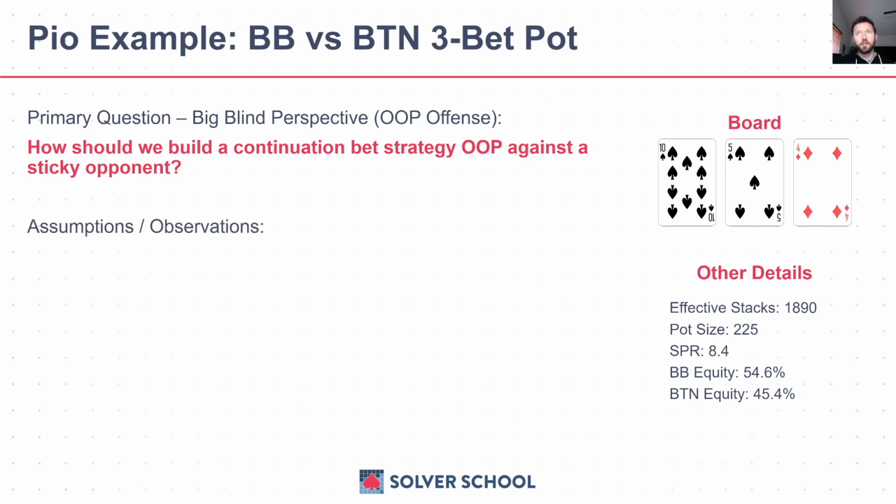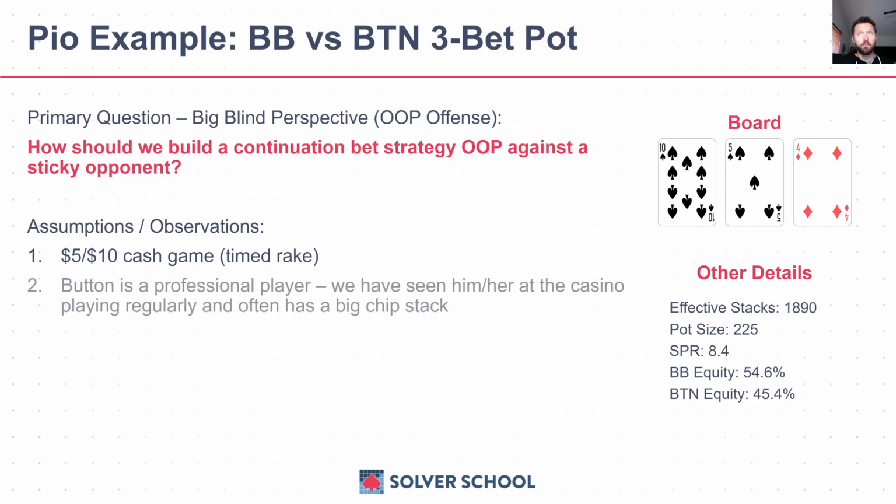Our assumptions and observations here. First, we're back to a 5-10 game where this is a timed rake scenario, so we are not taking rake out of this pot and putting that into this solution. Our button is a professional. We've seen him playing often in this casino, and he is a well-known professional in this casino.